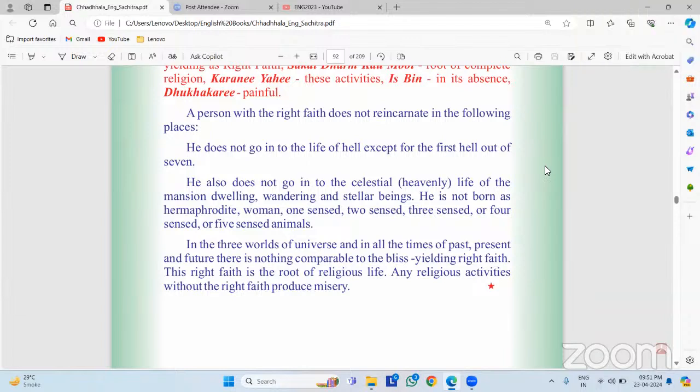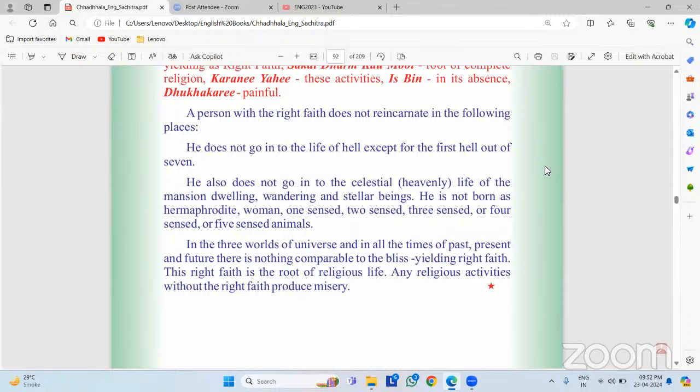A person with the right faith does not reincarnate in the following places. He does not go into the life of hell except for the first hell out of the seven. He also does not go into the celestial heavenly life of the mansion dwelling, wandering and stellar beings.